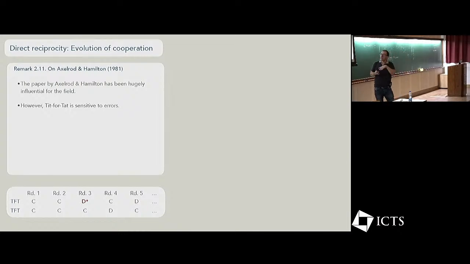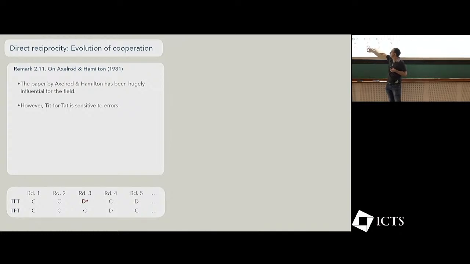One disadvantage, and that's actually related to your question, is that tit for tat is very sensitive to errors. What I mean is that in the table that I've shown you before, I assumed that tit for tat really plays always according to tit for tat, and then they would cooperate forever. But now suppose there is always a small chance that even if I want to cooperate, perhaps I don't have time, or there are some other reasons that I just cannot cooperate. So there is a small probability that I would commit an error. My strategy would tell me to cooperate in this situation, but because of chance, I just happen to defect.